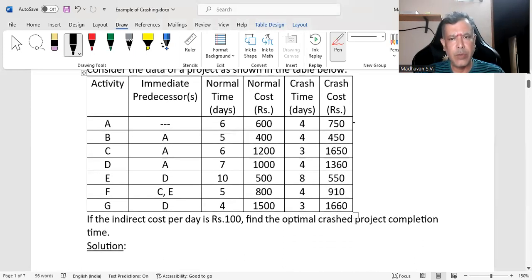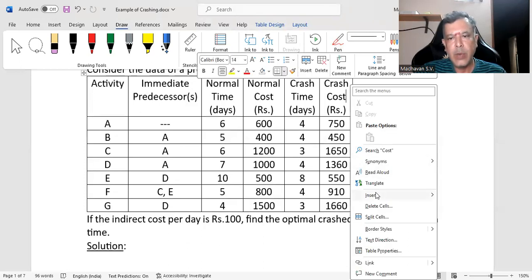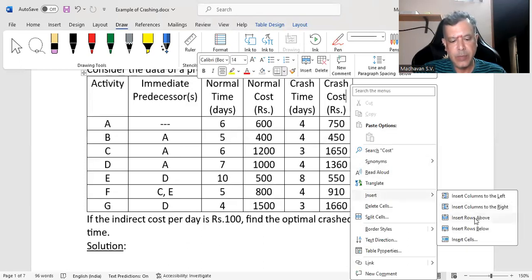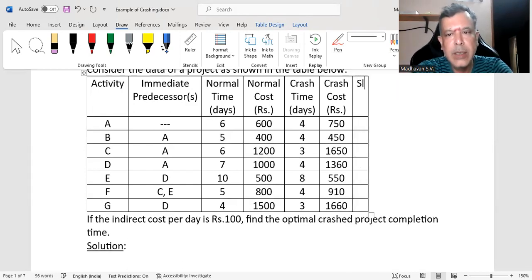Now, for the solution, we will first create one additional column where we will calculate slope cost, in rupees.